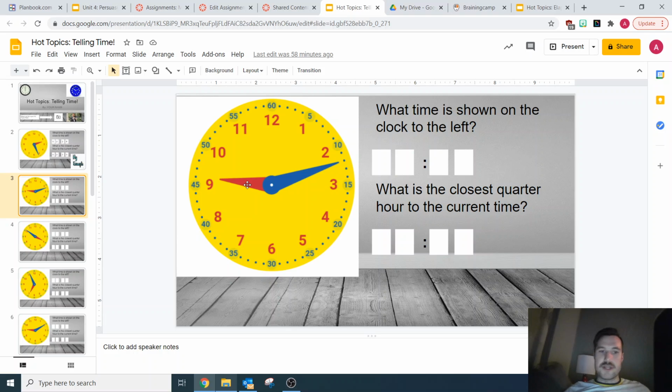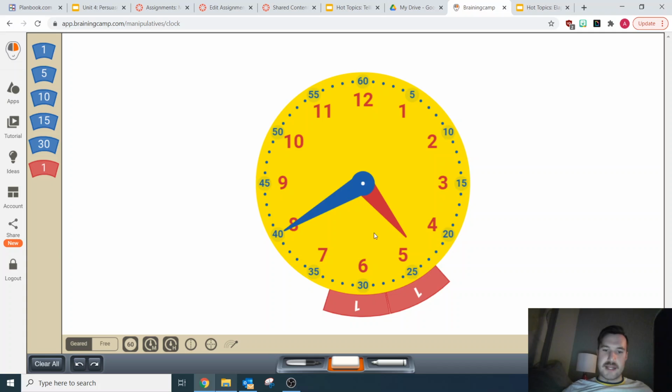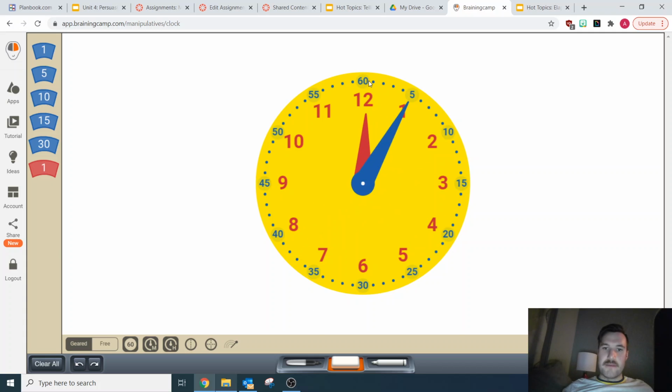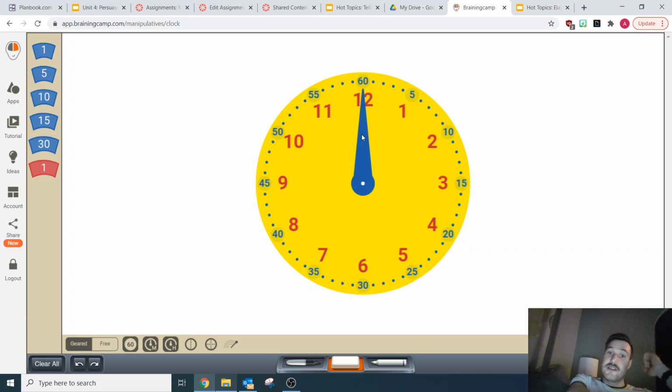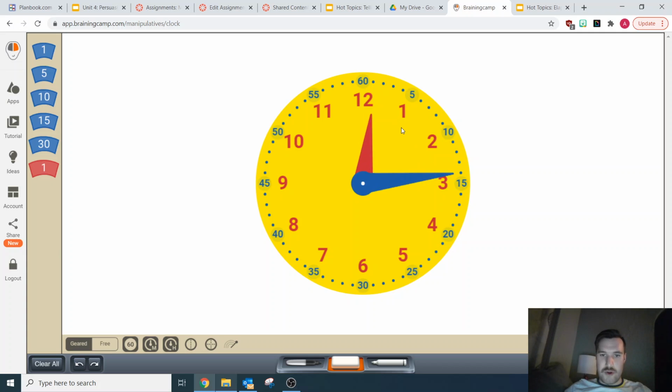So when we're talking about quarter hours, we're talking about every 15 minutes. So when we have a clock that's at 12 o'clock, that's what we call the top of the hour. So a quarter hour would be a quarter of the clock, or 1/4. So the quarter of the hour is 15 minutes.